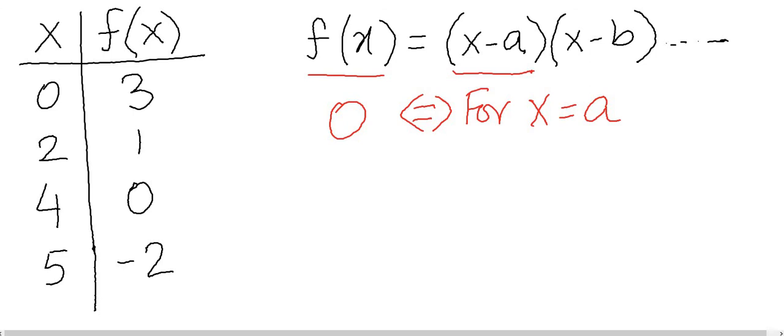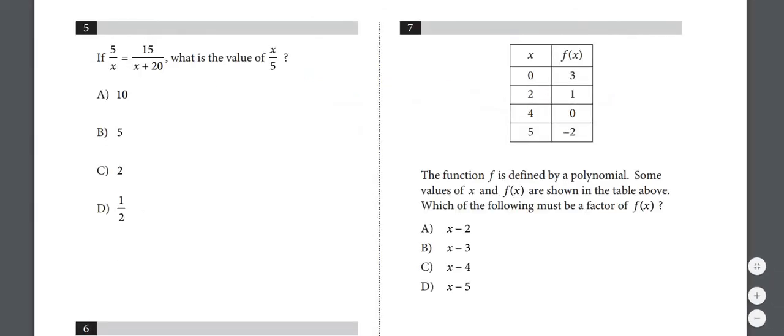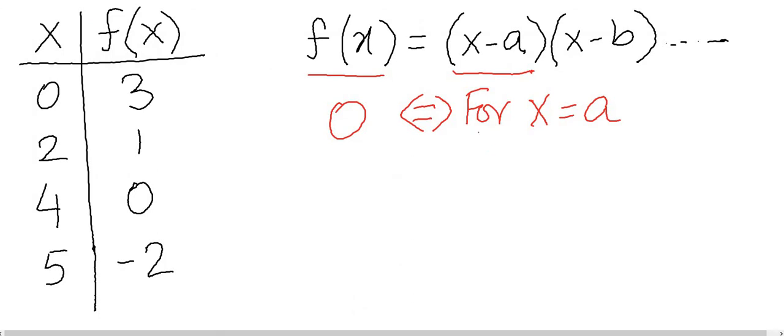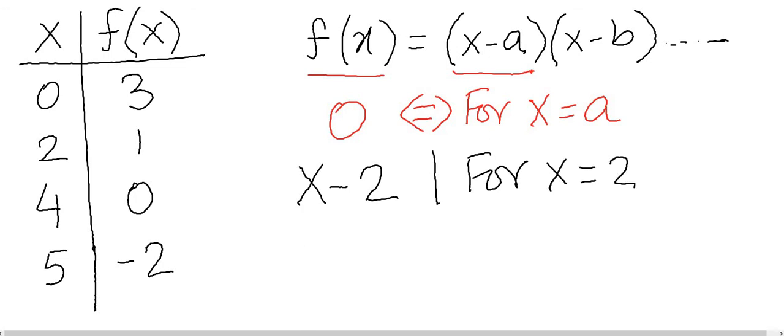So the question is, let's go back to the question. Which of the following must be a factor of fx? X minus 2, x minus 3, x minus 4, x minus 5. So let's look at x minus 2. So if x minus 2 is to be a factor, then for x equal to 2, the value of fx should be 0.